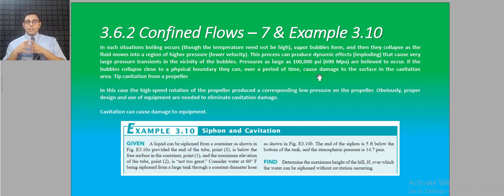The pressure amount is as large as 100,000 psi, which is 690 megapascals. This is the most critical situation that might happen in industrial equipment, most likely in power plants or refineries.